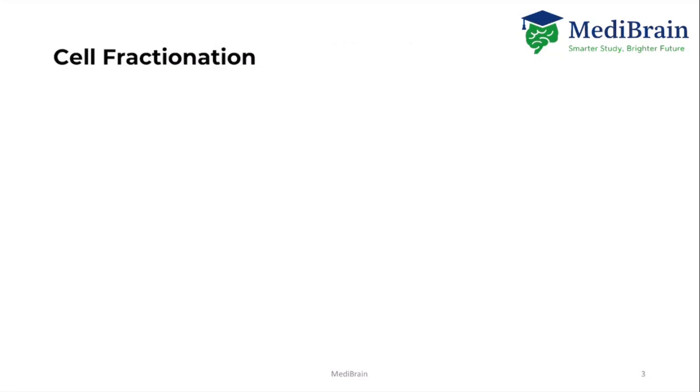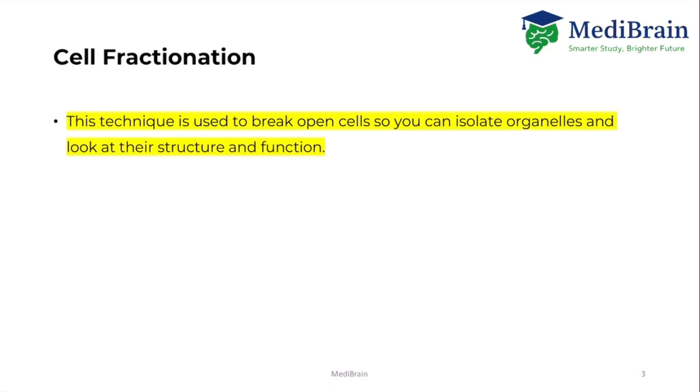To start off with, we're going to look at what cell fractionation actually is. Cell fractionation is used to break down or open cells so you can isolate organelles and look at their structure and function. Imagine this. A lot of organisms have cells.